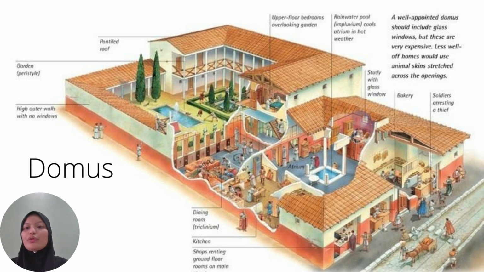There is also a rainwater pool, a study with no glass windows, bakery, dining room, kitchen, and shops renting ground floor rooms on the main street. So, a well-appointed domus should include glass windows, but these are very expensive. Less well-off households would use animal skins stretched across the openings.